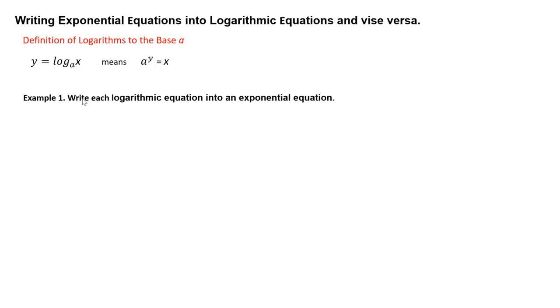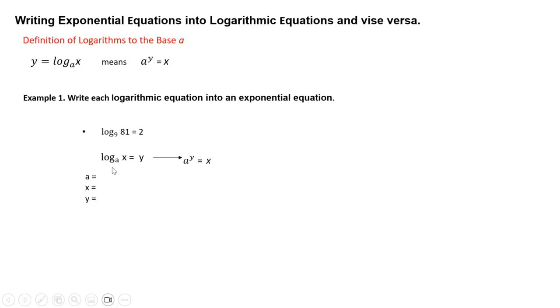Example 1, write each logarithmic equation into an exponential equation. They give us log base 9 of 81 equals 2. So we have to go from logarithmic to exponential. Here's the form for logarithmic, and a to the y power equals x is an exponential.